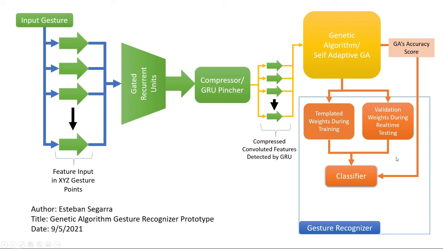The idea is that once we get to this classifier, we do a comparison between expected and predicted. Expected will be the templated weights, and the predicted will be the validation. The GA's own score can also be taken into account, but we are trying to primarily compare the weights that we are going to be getting.